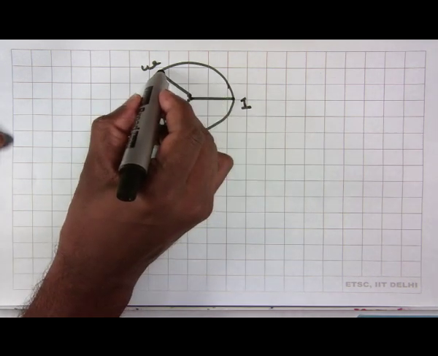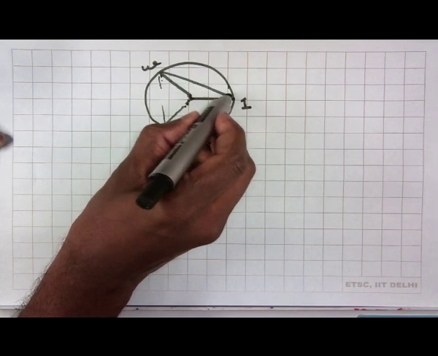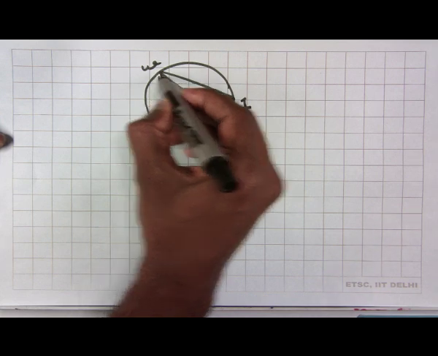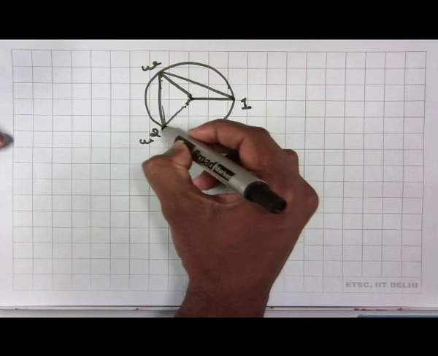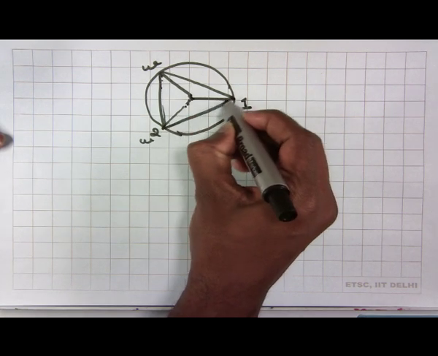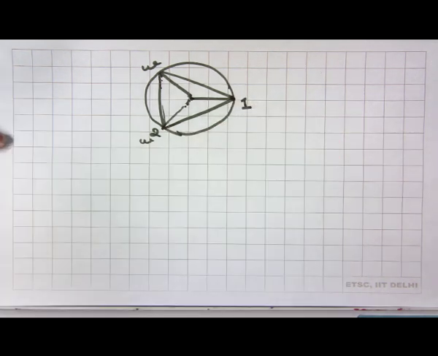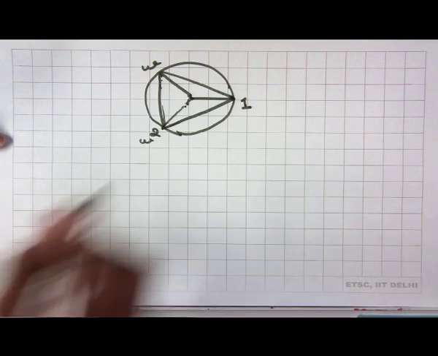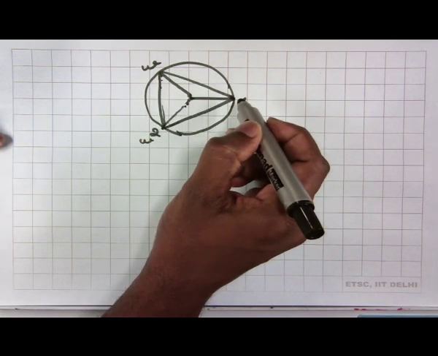What we know is, if we place a polygon with the vertices as these cube roots of unity, a polygon with 3 sides, which is nothing but a triangle, which is regular, it means that we are getting an equilateral triangle.